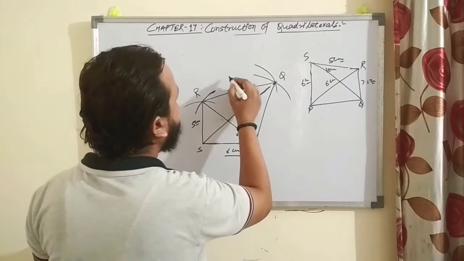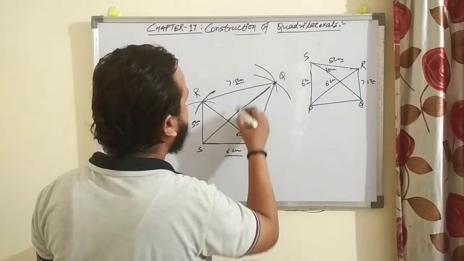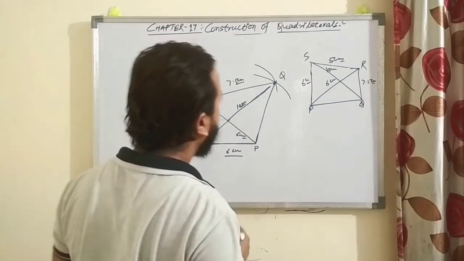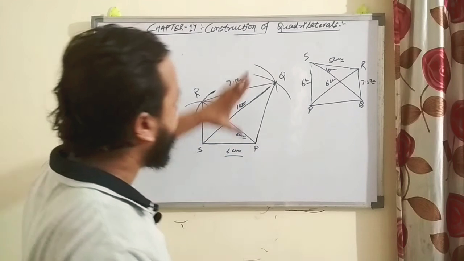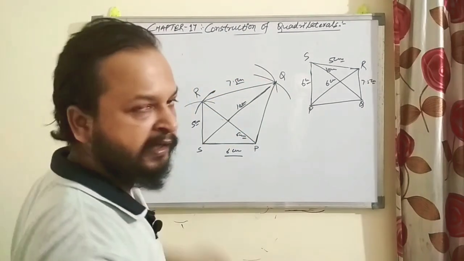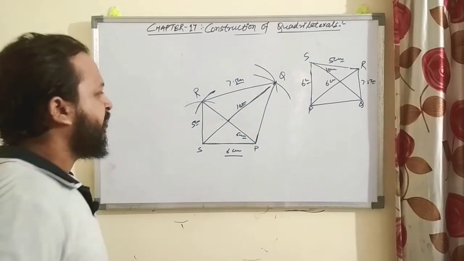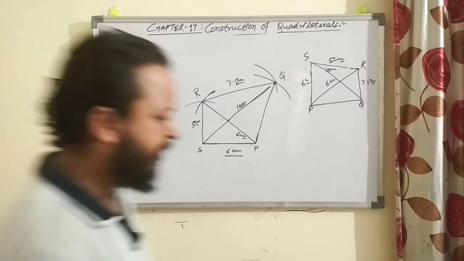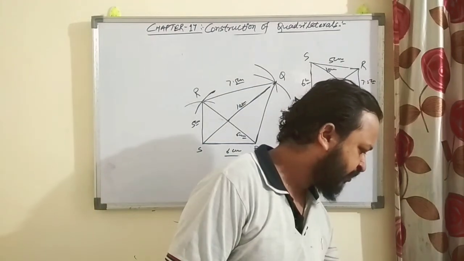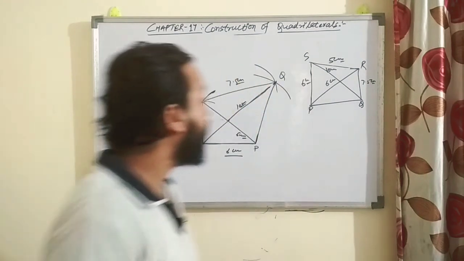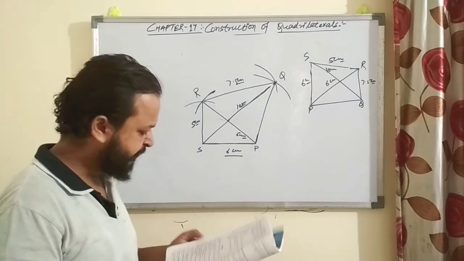So RQ length is 7.5 centimeter, this length is 10 centimeter. Now use the scale, just measure this length, right? So question number 5 you can solve, it means you can construct this way.